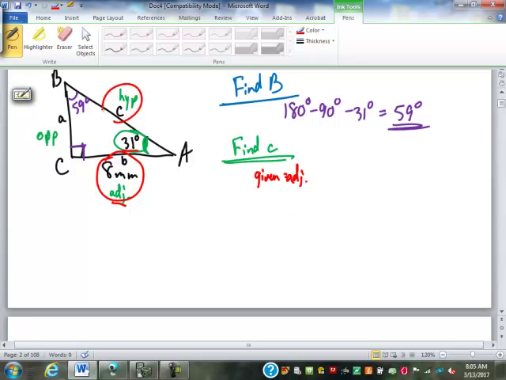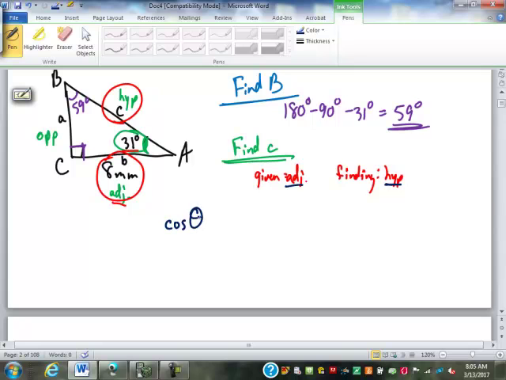I am finding the hypotenuse. So the sides I am dealing with are the hypotenuse and the adjacent side. Well, hypotenuse and adjacent would make the secant, or the cosine would be the other one.